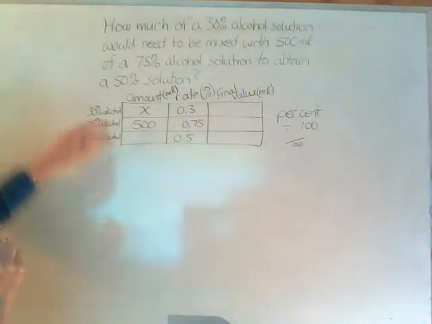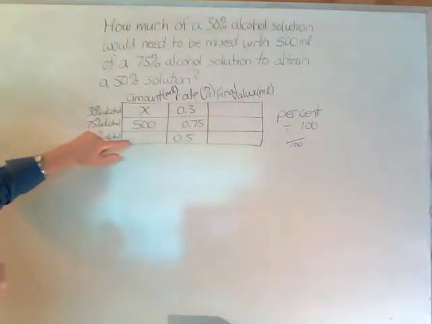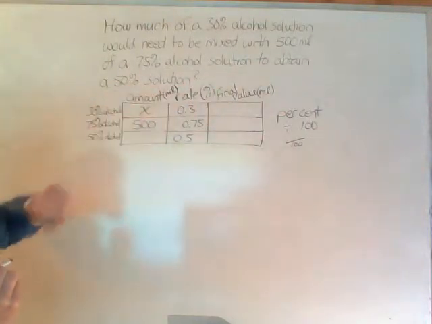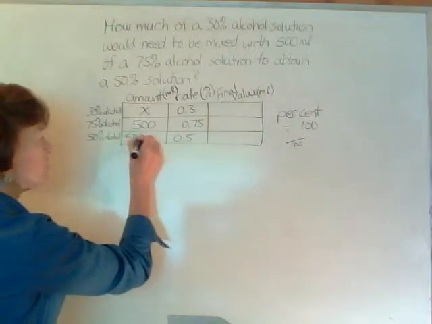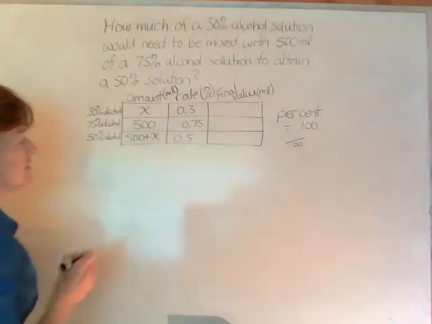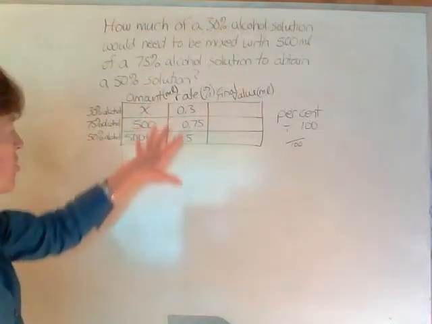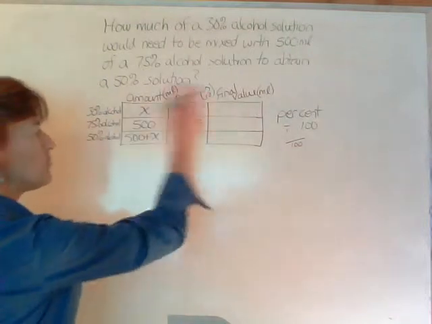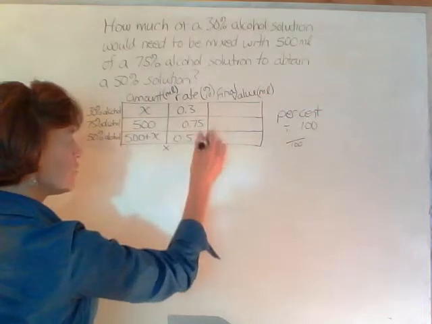Now remember that the rule was that you always add these 2 boxes to get this one. He doesn't tell me how much of my final solution I have, but he doesn't need to because I can just add those 2 boxes to get that 3rd box. So this is a mixture problem that uses all 6 of these boxes. To get this final column, you multiply going across.